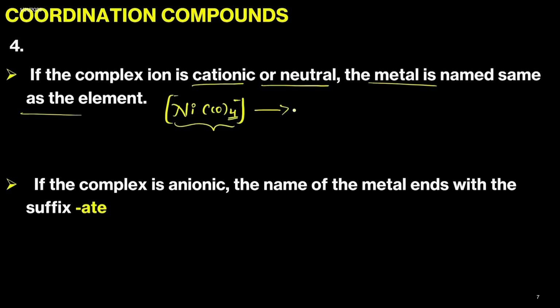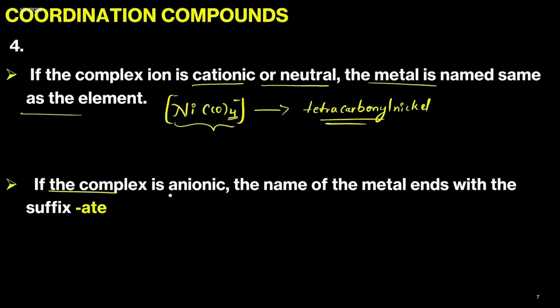Therefore, what is the prefix that we have to use? Tetra. This is a carbonyl ligand. Therefore, it is tetracarbonyl. Now, while writing the name of the metal, since this is a neutral complex, the name of the metal should be named as the element. Therefore, it is tetracarbonylnickel. This is how you have to name.